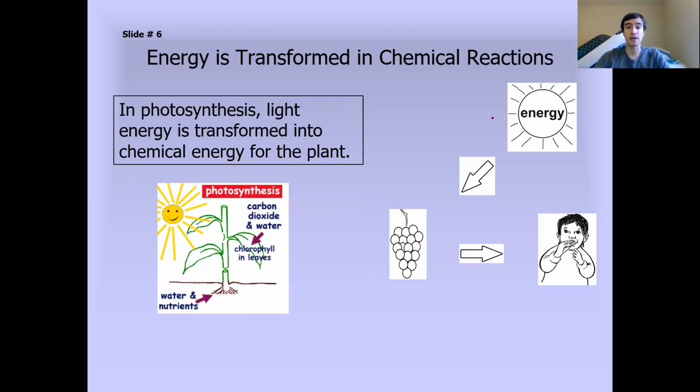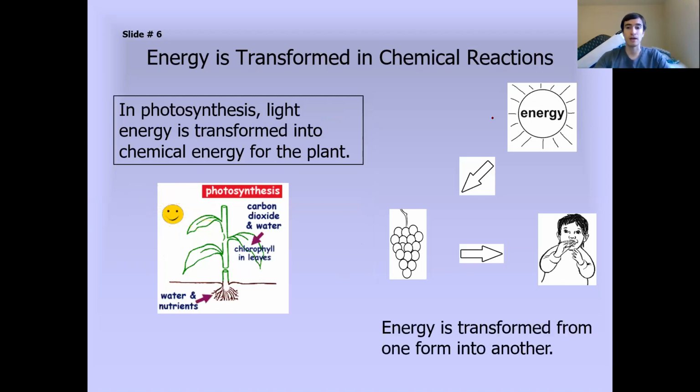So here we have light energy that comes in from the sun. That goes into the plant and is stored as chemical energy in the form of sugar, like in fruits, like these grapes.